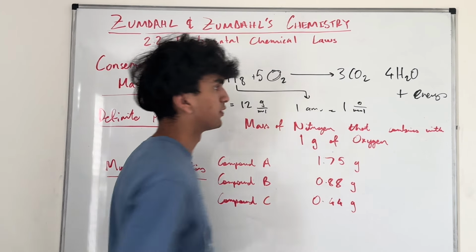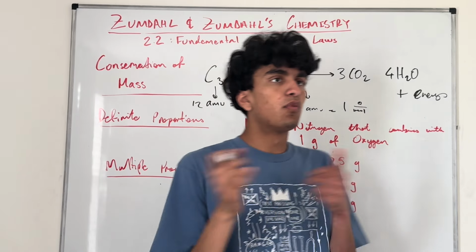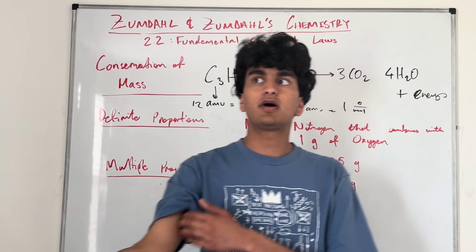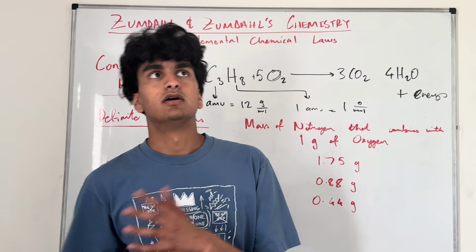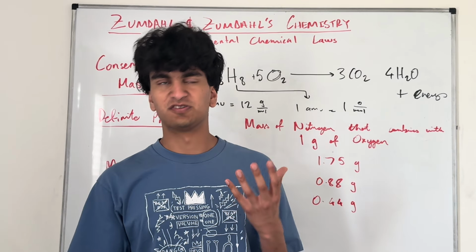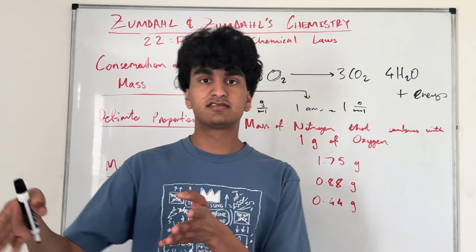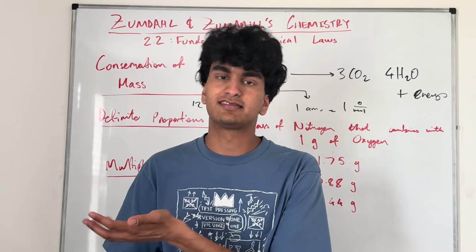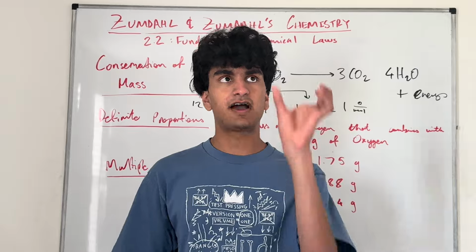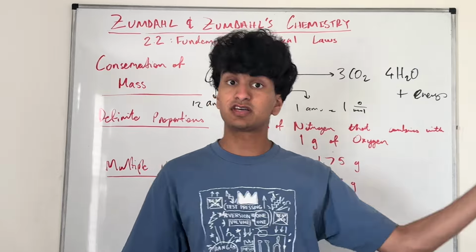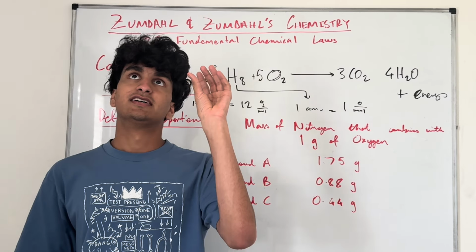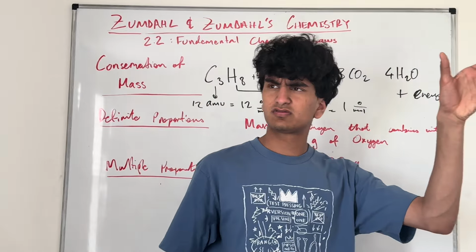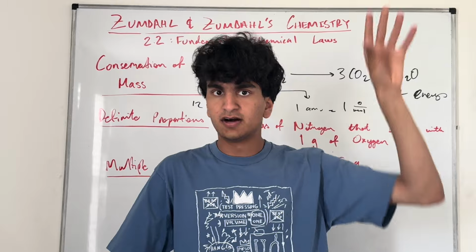If you're unfamiliar with a mole, it's sort of like a word for molecule, but like a lot of molecules. It's like how a dozen means 12. If I have a dozen eggs, that means I have 12 eggs. If I have a mole amount of molecules, I have 6.022 times 10 to the 23 molecules.